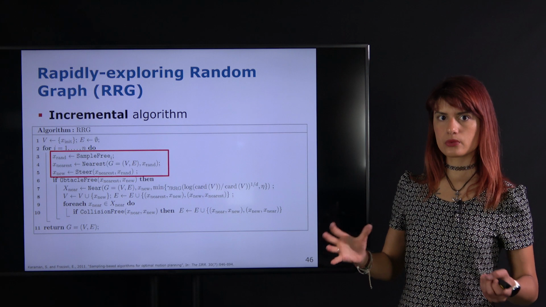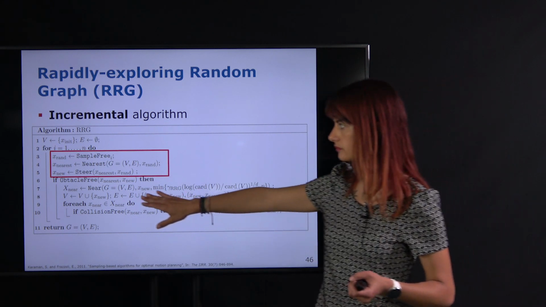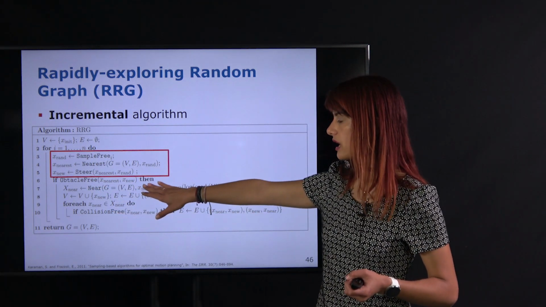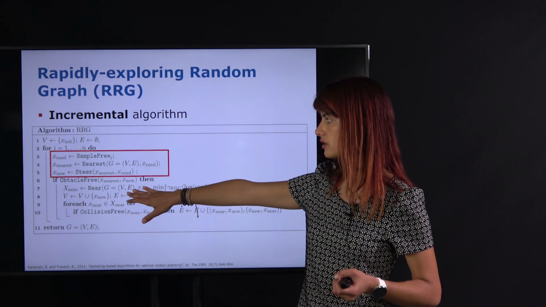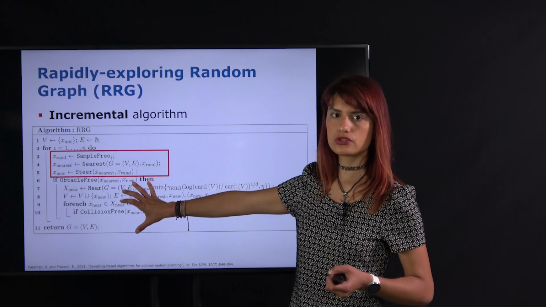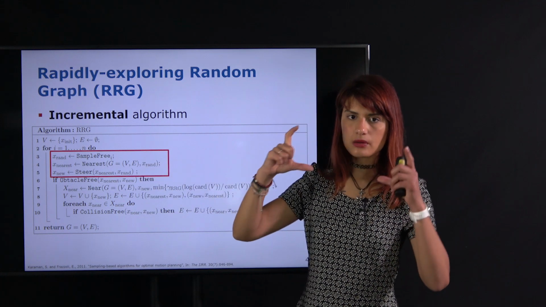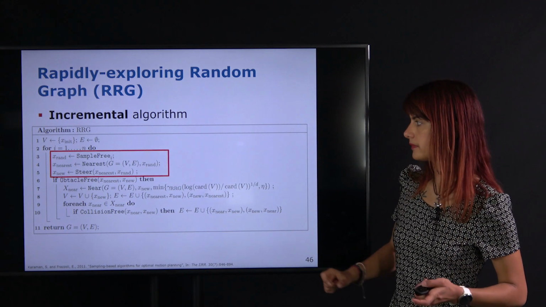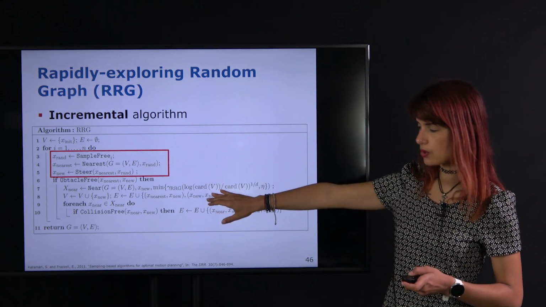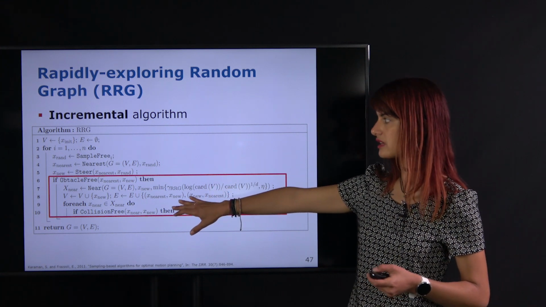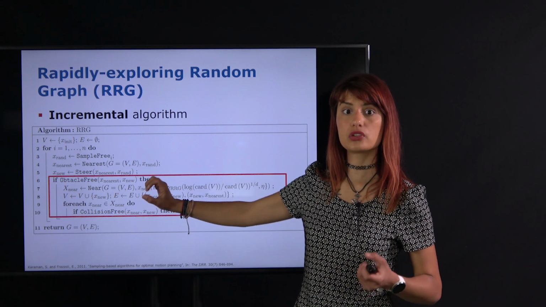So which connections do we actually want to make? If we have an obstacle-free configuration there, we need to look within a particular radius to see which nodes currently in the graph are within the neighborhood of the newly sampled node.